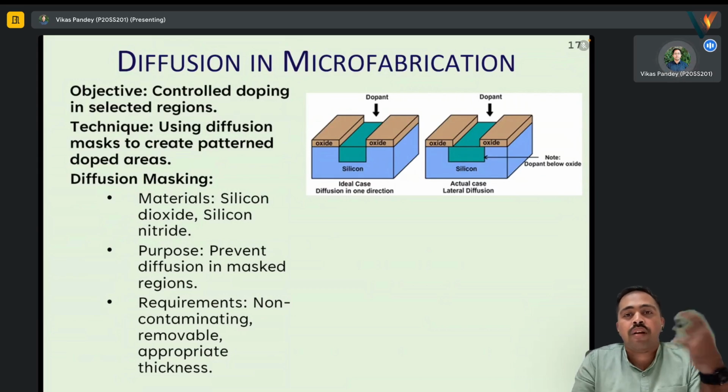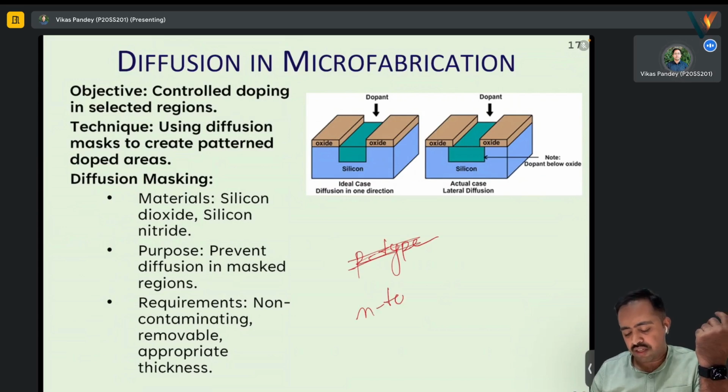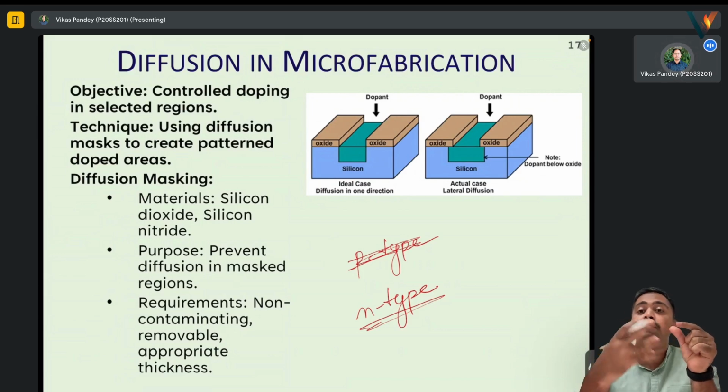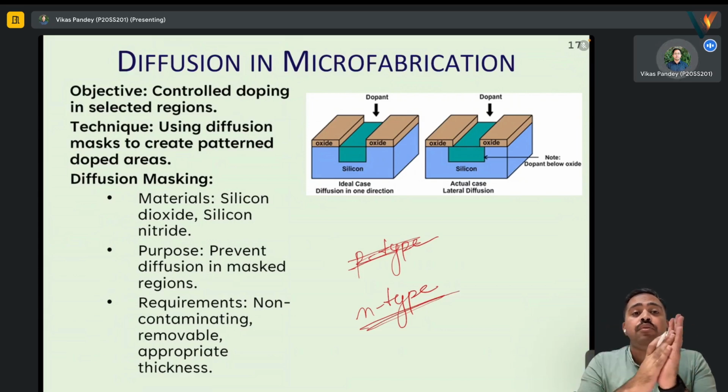So ideally, you can say that we already have something like P-type silicon, or let's say we have N-type silicon. Now we don't want to convert it to P-type or something like that, but we want some selective regions to be, say, P-type. So we have to do controlled doping, and that also in selected regions.